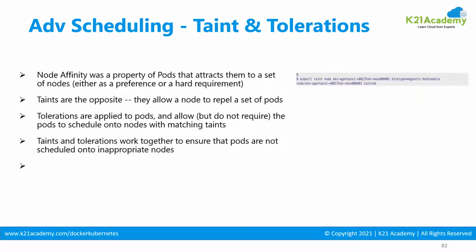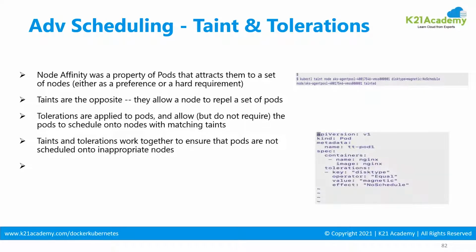So how do we taint the node? This is the command you can see, kubectl taint node, and this is how you can tolerate the pod so that it can be deployed on the tainted node, by adding this toleration definition. So deploy the pod on the worker node whose toleration is disk type equal to magnetic and effect is NoSchedule.